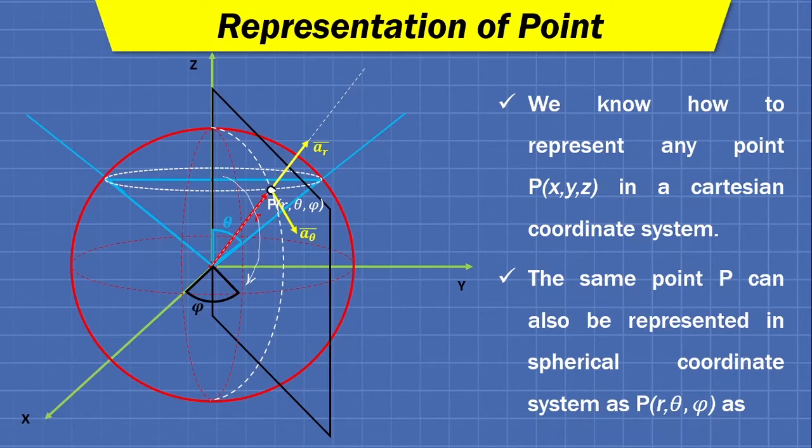So the direction of theta is taken as downward. Similarly, the direction of phi is also tangential to the spherical surface, in the direction of incremental value of phi, and we know that phi will increase in the anti-clockwise direction. So this direction a phi is actually inside our yz plane.